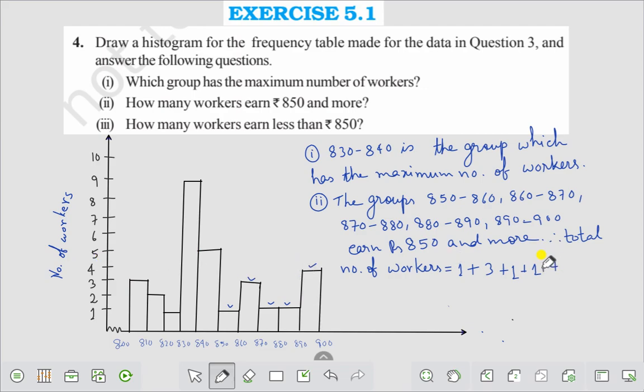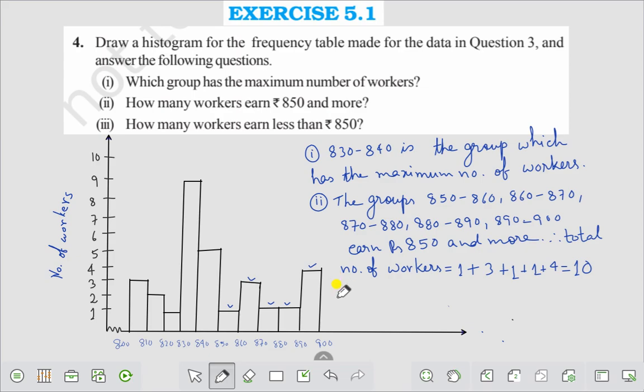That means the total number of workers is 3 plus 1, 4, 5, 6, 6 plus 4, that is 10 workers. That means you can say that 10 workers will earn rupees 850 and more.